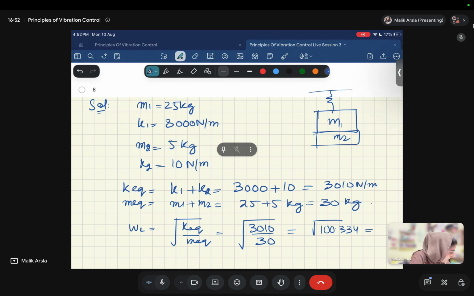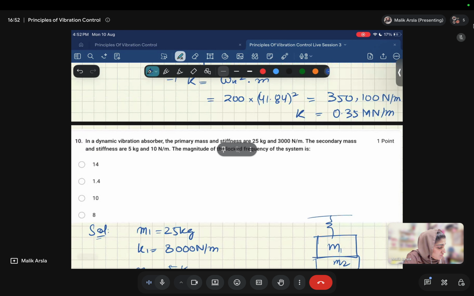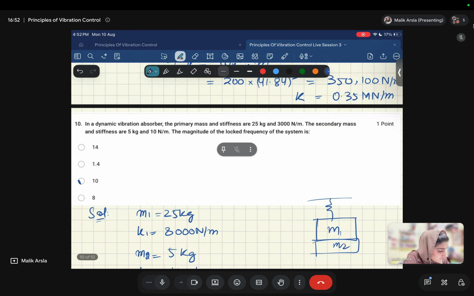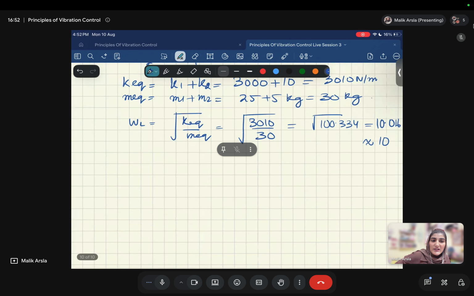Okay, so it is coming out to be approximately equal to 10.016, or we can simply write it as 10. Okay, so the magnitude of locked frequency should be equal to 10. I hope this is clear as well.